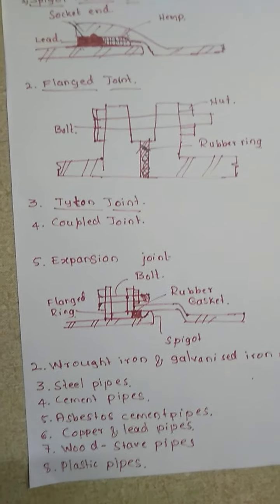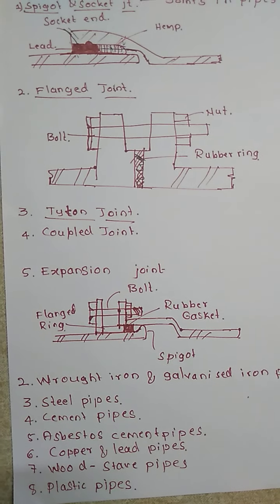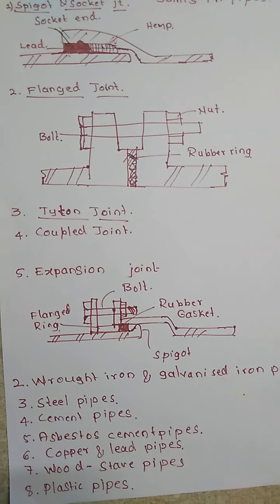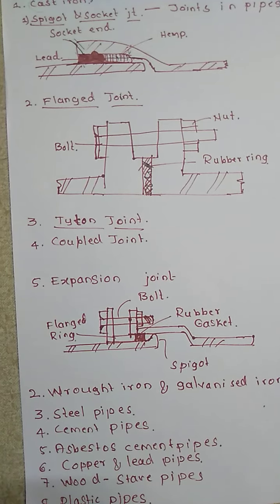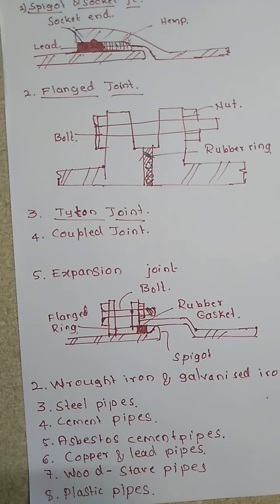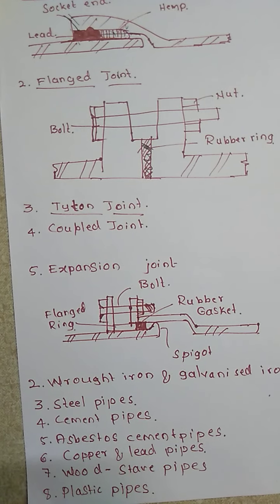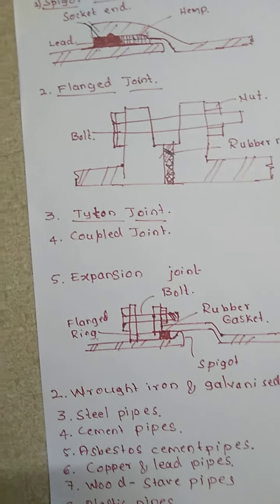Now we will see some of the advantages. They have resistance to freezing, and as it is wood, it is lightweight. It is easy to repair, has low transportation cost, is free from catalysis effect, and is cheaper.